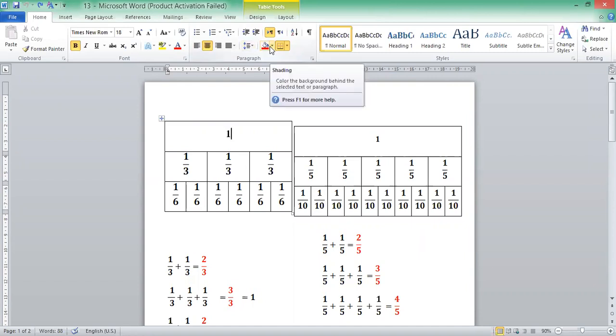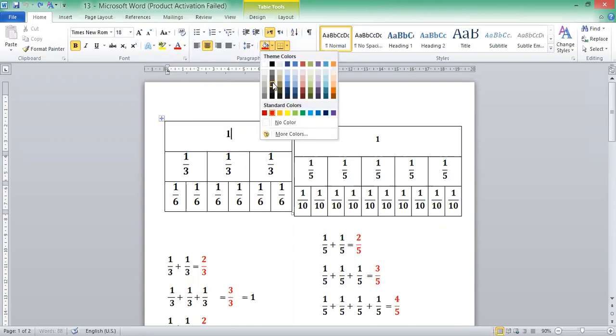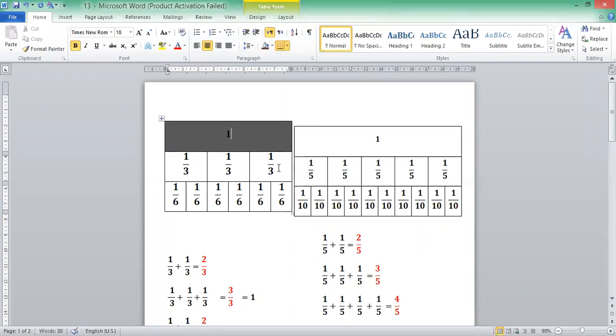I am going to highlight these portions with different colors. This is the first portion and this is the whole portion, and it can be written as 1.